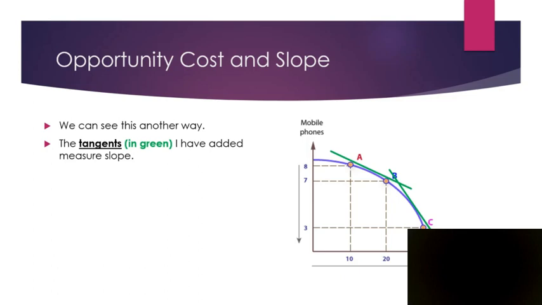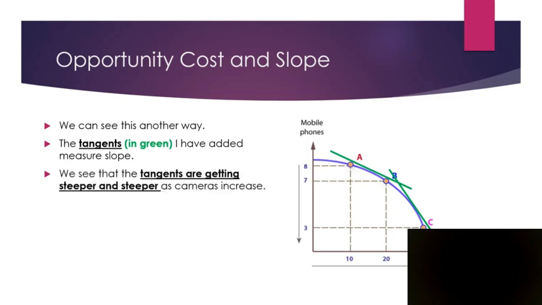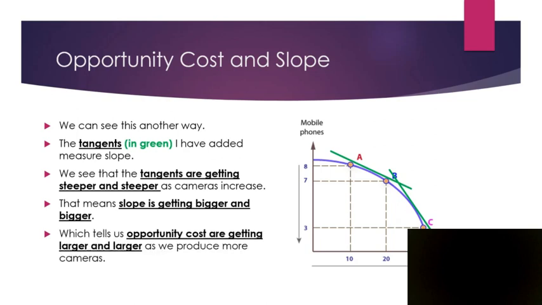So I can measure the slope with that tangent. Look at the first green line and the second green line. Do you agree that the tangents are getting steeper and steeper? Well, that tangent is a measure of slope. So the slope is getting bigger and bigger as we move to the right, which tells us opportunity costs are getting larger and larger. Again, make sure you haven't missed the key point.